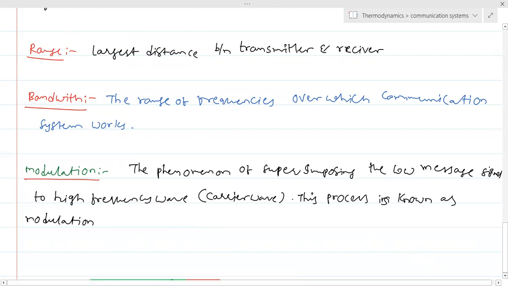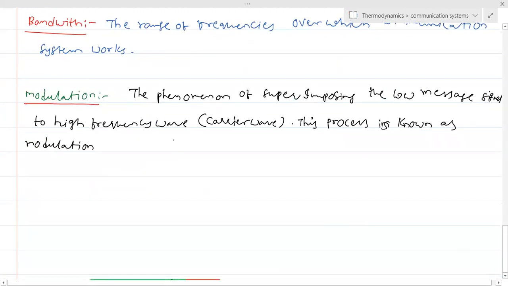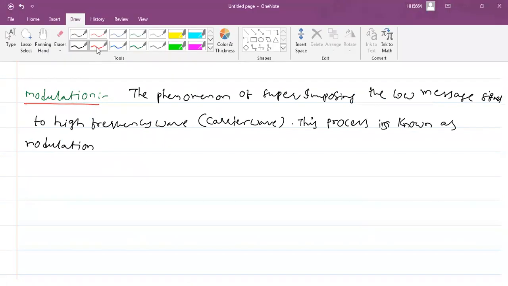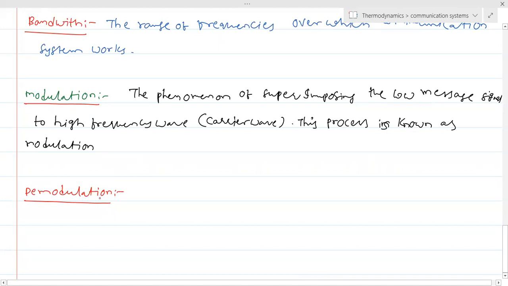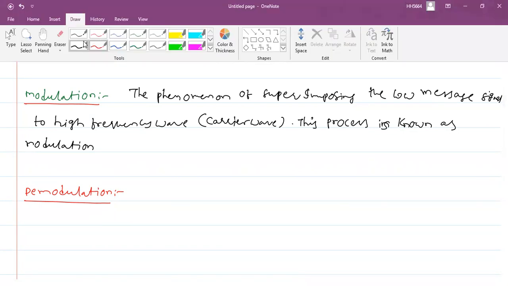So next, demodulation. Before understanding demodulation, first again we will discuss modulation. Modulation means addition of message signal to the carrier wave. So demodulation is the opposite, the contrary.